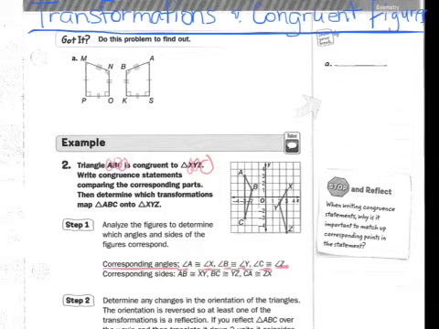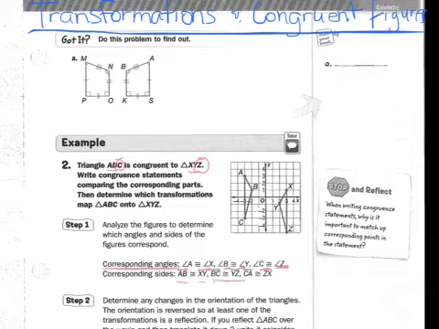Then for the corresponding sides, you're going to do the same thing, except it takes 2 points to make a side. So the first 2 points are AB, and the first 2 letters in the second triangle are XY. So AB is congruent to XY. Then do your second and third letter. BC is congruent to YZ.